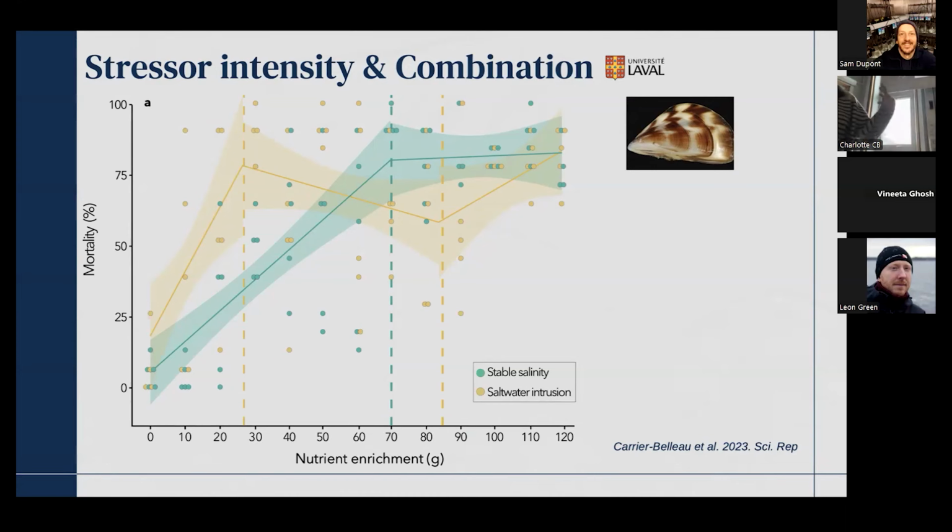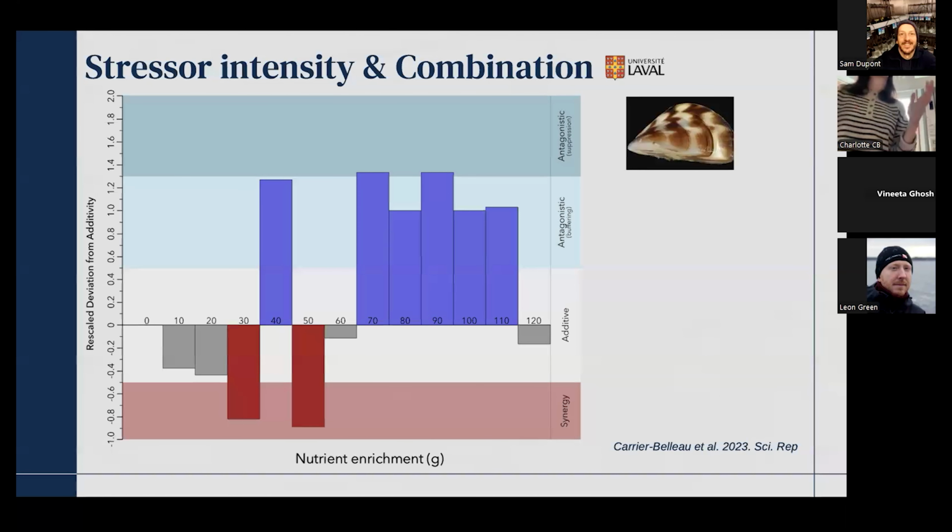But when you add saltwater intrusion, we have this weird pattern with two thresholds in our response. And we see that nutrient enrichment can have a positive effect in the presence of saltwater intrusion between those two levels. Then I was interested in looking at what types of effects we have along the gradient.